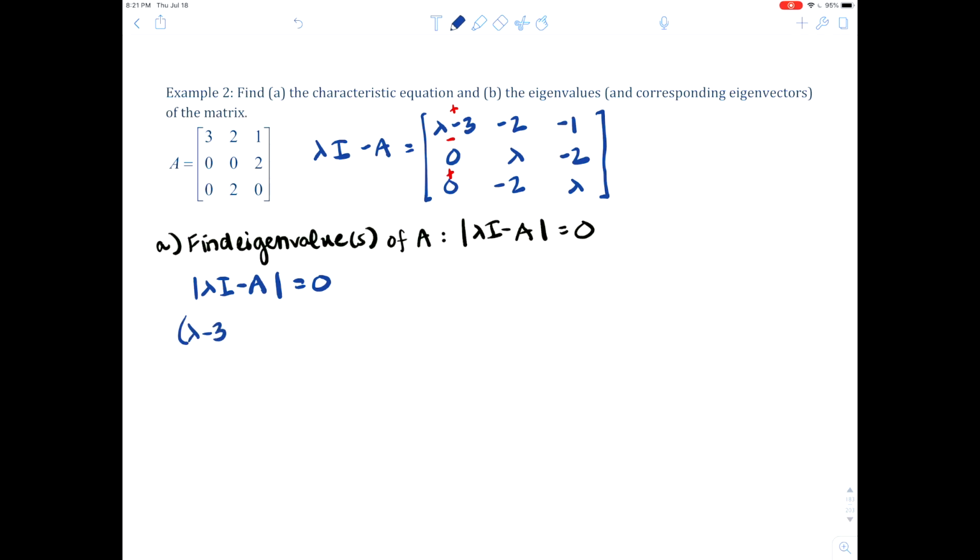So we'll have lambda minus 3 times the determinant of lambda, negative 2, lambda going across, and that's all going to be equal to 0. So this will be lambda minus 3 times lambda squared minus 4. That's all equal to 0.